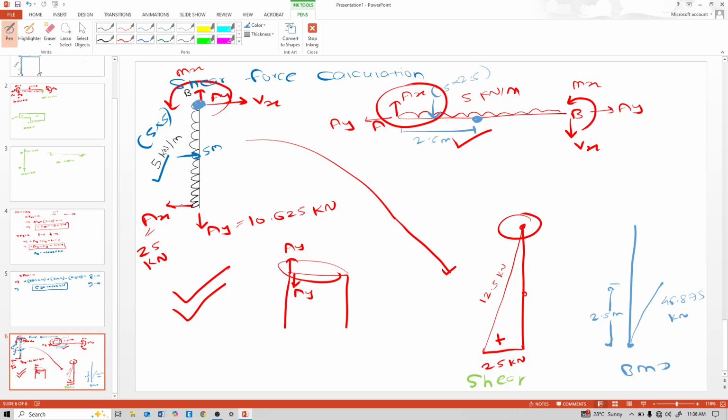So positive AX, positive 25 into 5 minus 5 into 5 into 5 by 2 is 62.5.